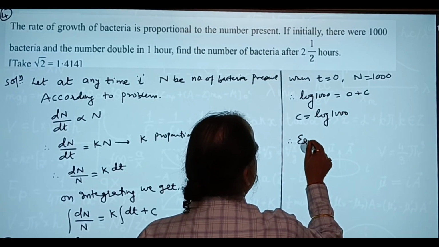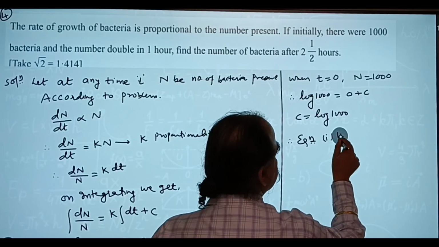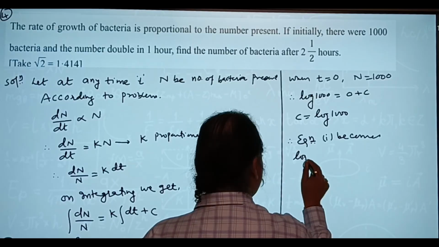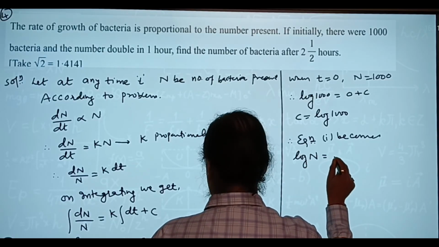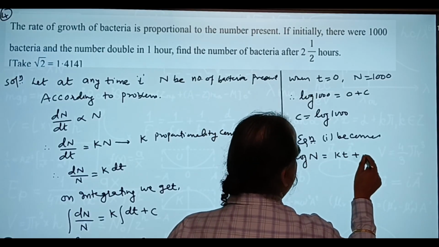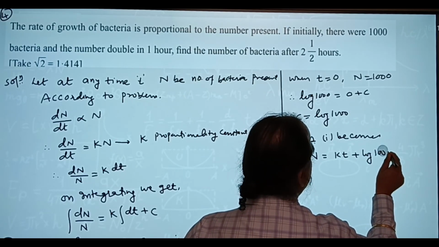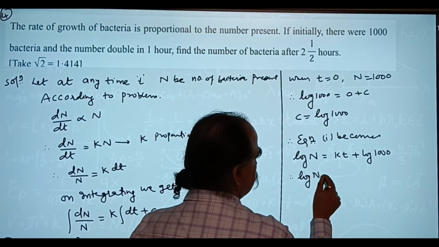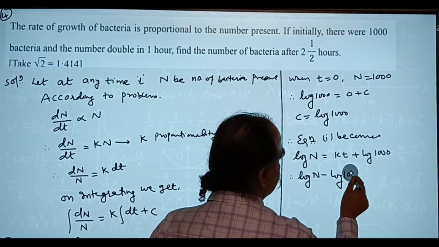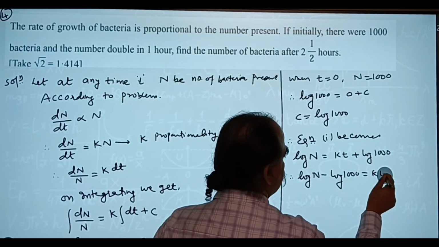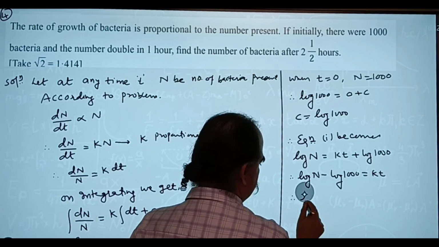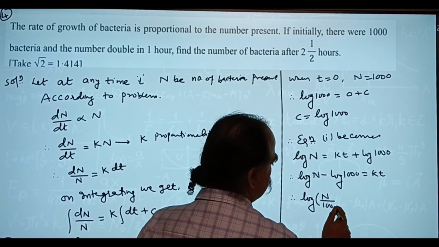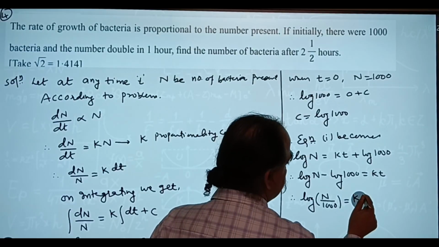Therefore, equation 1 becomes log of n is equal to kt plus log 1000. Log of n minus log of 1000, log n upon 1000 is equal to kt.